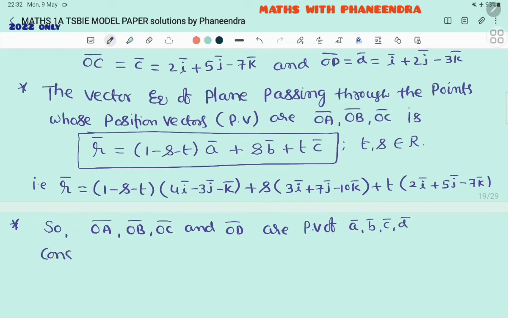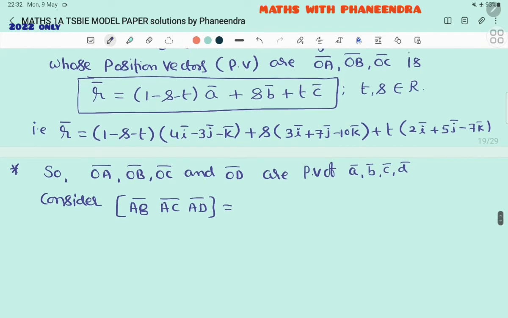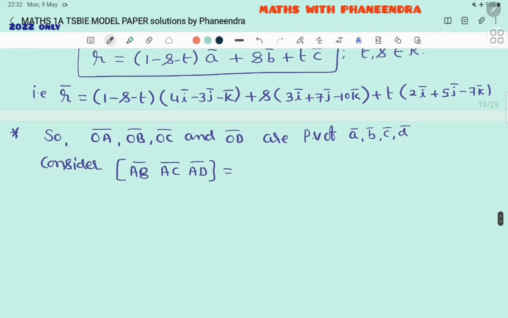To prove the points are on the same plane, consider the box product of AB, AC, AD. How to calculate AB bar?